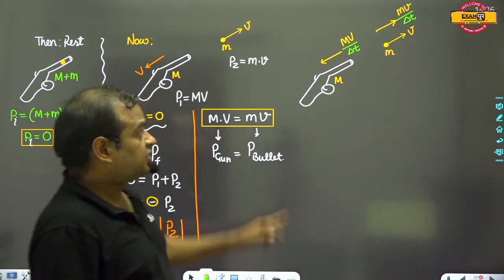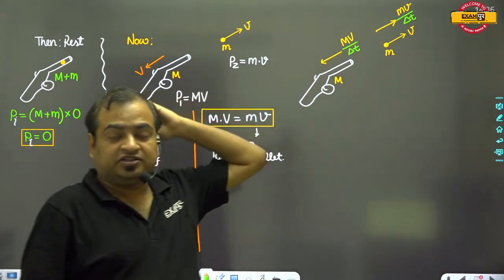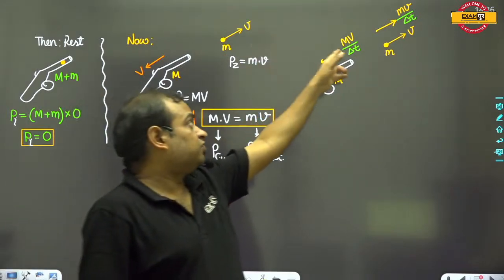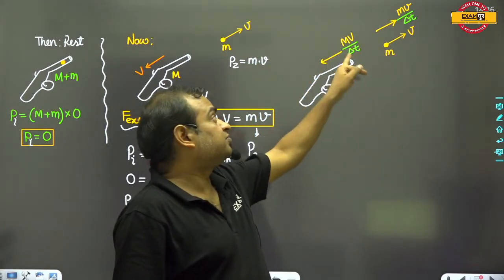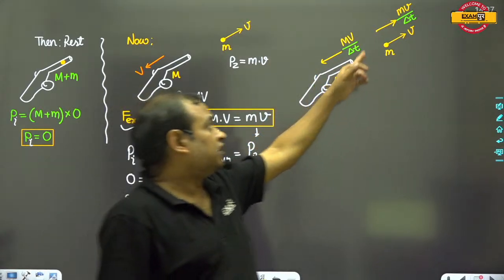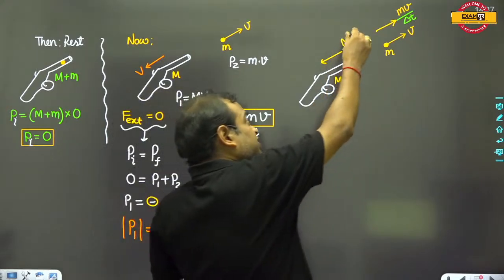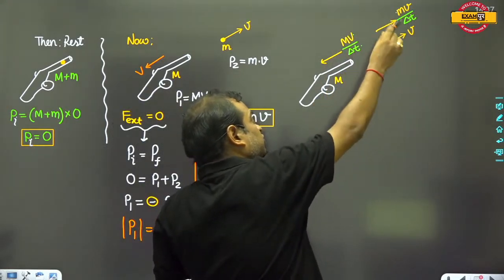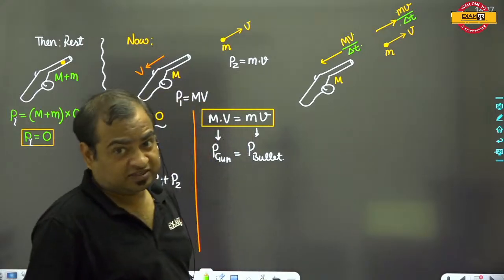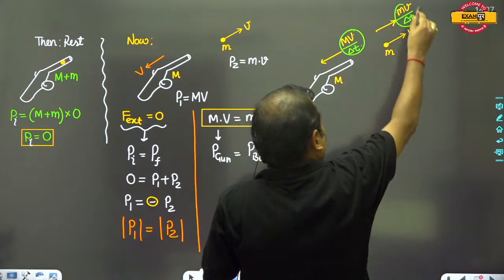Here we can see that this quantity mv upon delta t is nothing but equivalent to force. This is momentum, this is time. Momentum upon time is always equal to force. Since mv is equal to mv and delta t equal to delta t, we can say that this is a force and this is also a force.